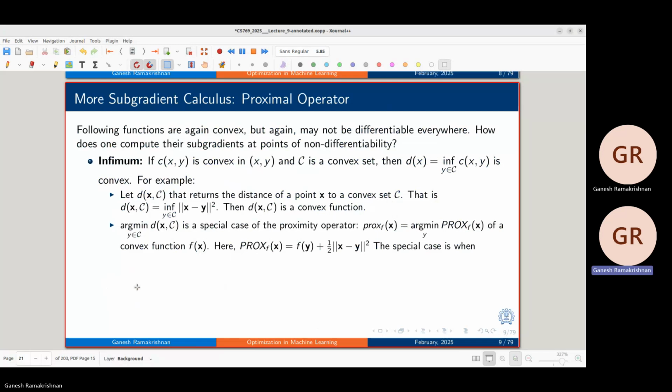Okay, so this is an application. You can pay attention to the board here. How will you use the prox operator? Let's not call it use, motivation for. Let's name it motivation.